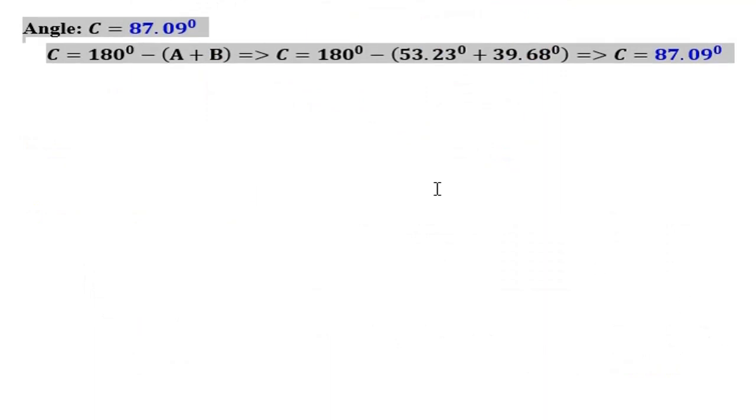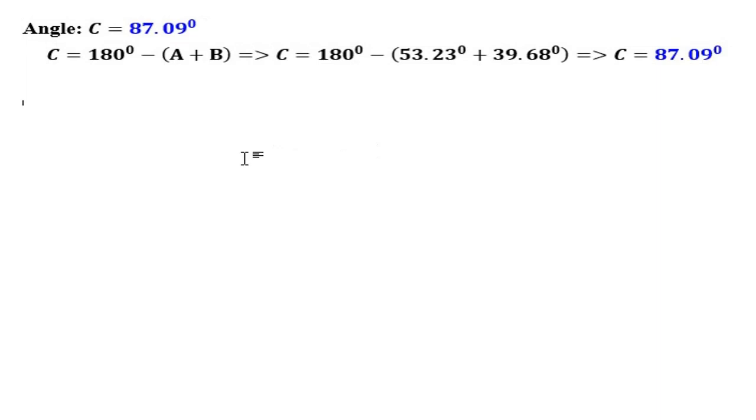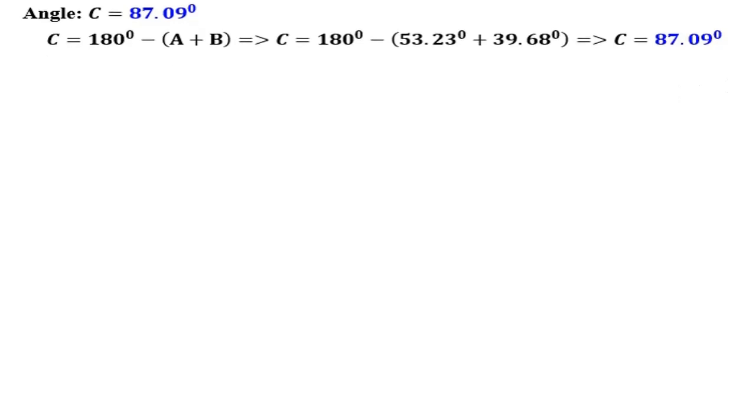Then to find angle C, simply it is 180 minus angle A plus B, which is 180 minus 53.23 plus 39.68, which is angle C equals 87.09.